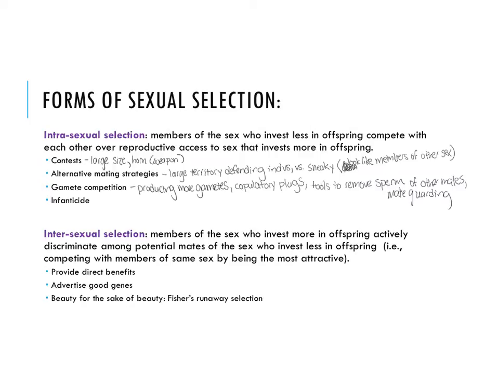And then the final form of intrasexual selection is infanticide. So the trait there is really just being able to tell which young is yours. And possibly also things like large size, something that might help you defeat the other parent, because the other parent is not going to want you to kill their offspring, right?